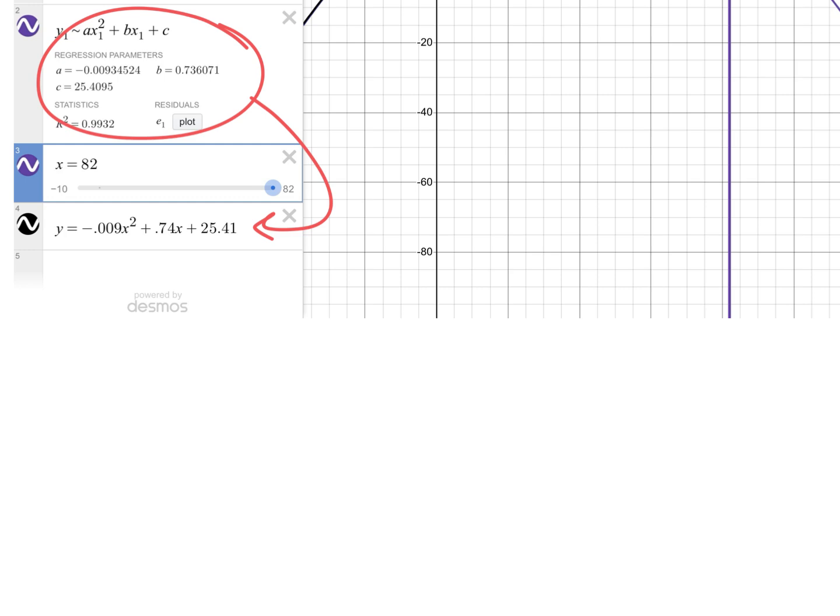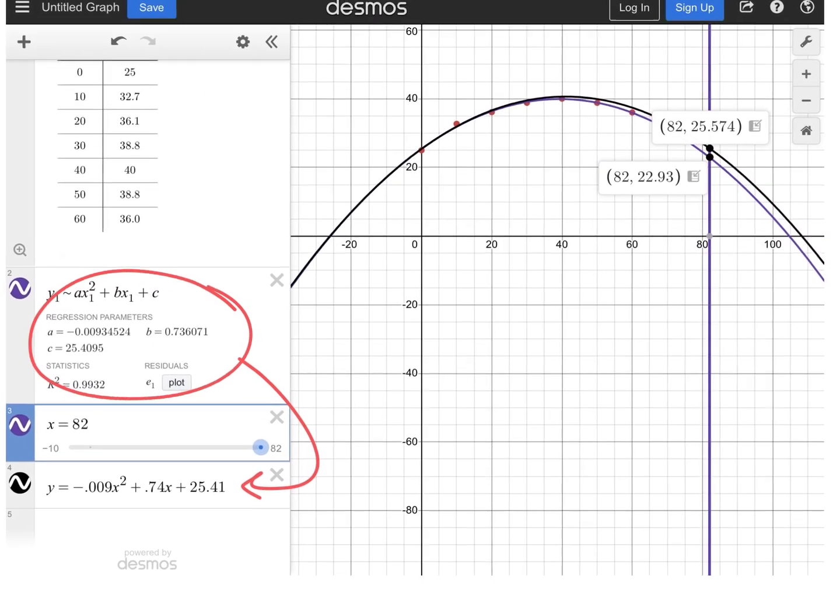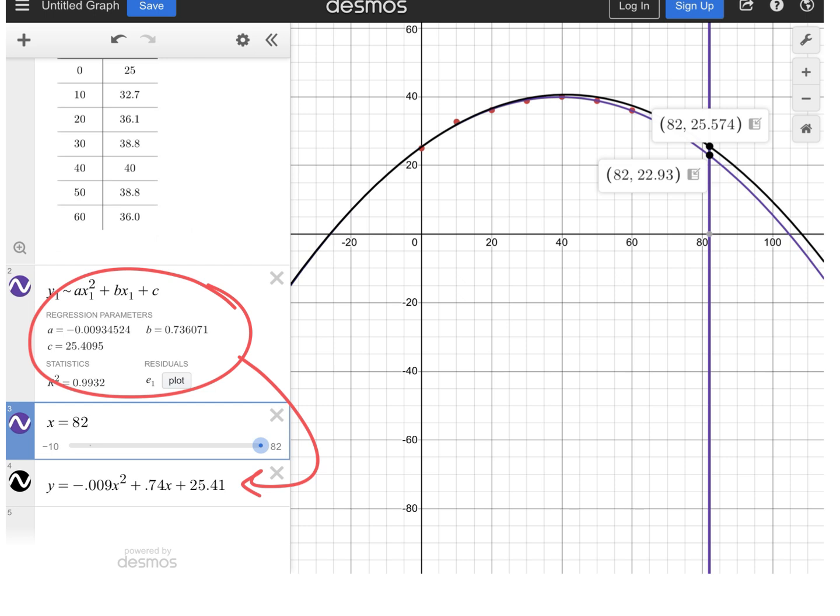So I do want you to do that. Because I did my original in Desmos, that's going to be the purple line that you see here. And then because I rounded when I typed it in, it made the black line. So it's really, really close. It's off just a little bit. But remember, when we round, that's going to happen.